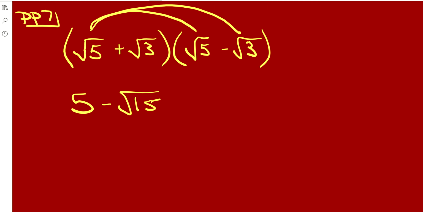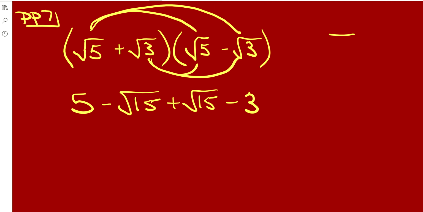And then inside, I've got the same thing just about, but it's positive square root of 3 times the square root of 5, that's going to be positive square root of 15. And then finally, square root of 3 times the negative square root of 3 is negative square root of 9, which is negative 3.